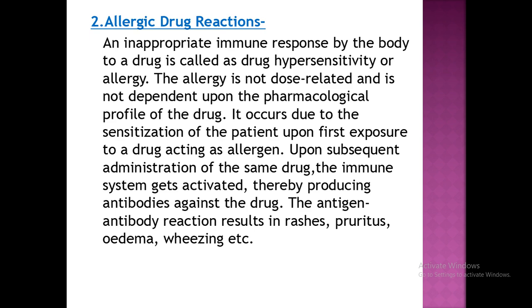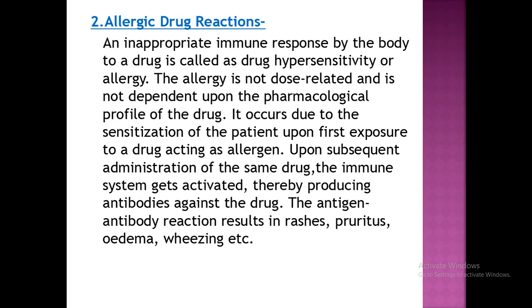Then second type in type B reactions is allergic drug reactions. An inappropriate immune response by the body to a drug is called as drug hypersensitivity or allergy. The allergy is not dose related and is not dependent upon the pharmacological profile of the drug.